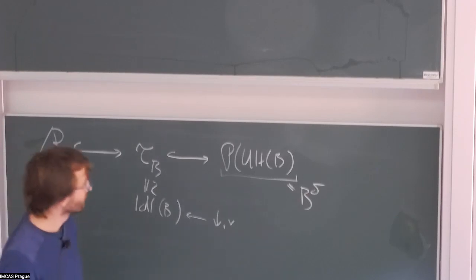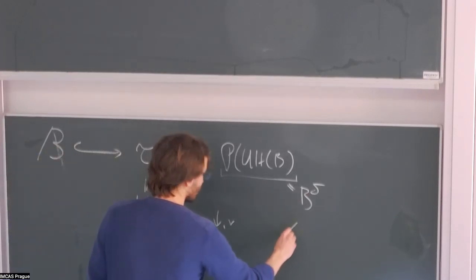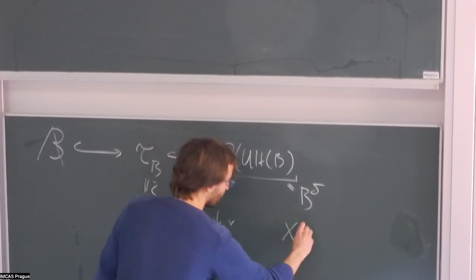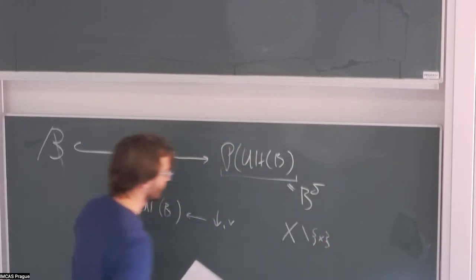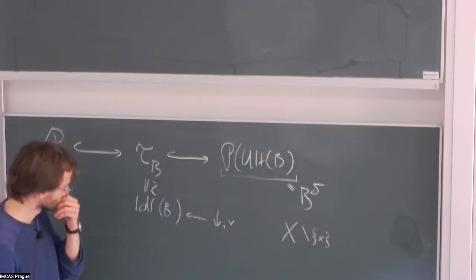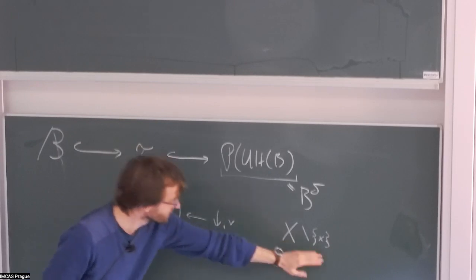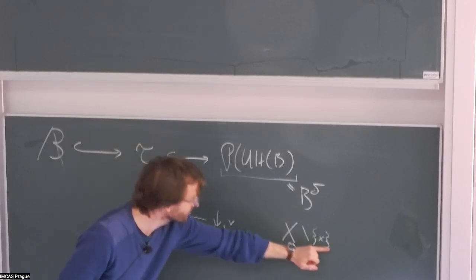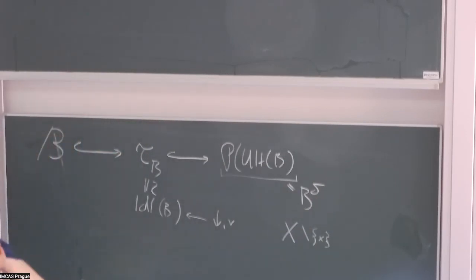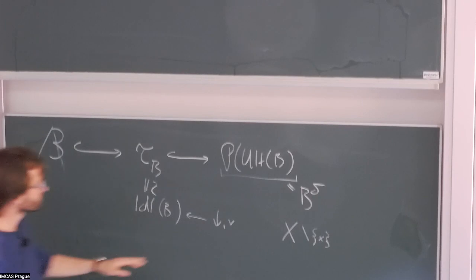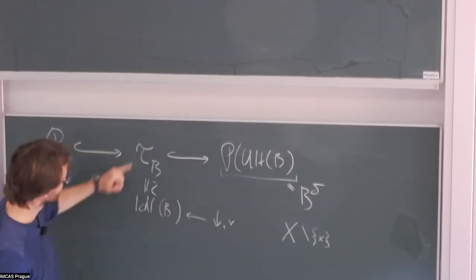And as we discussed, we also had some specific elements that are open and that we need for the construction. Those look like this. So these are still open because every singleton is closed in a Hausdorff space. But these are open. So what do they correspond to?